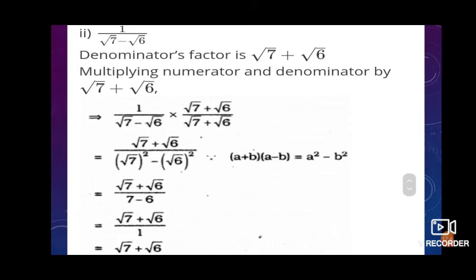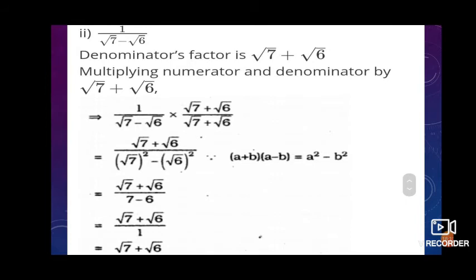If we multiply with root 7 plus root 6, both the numerator and denominator, then in the numerator, 1 into root 7 plus root 6, like that only. But in the denominator, as we already planned to make out the a plus b into a minus b formula, we can write a square minus b square.